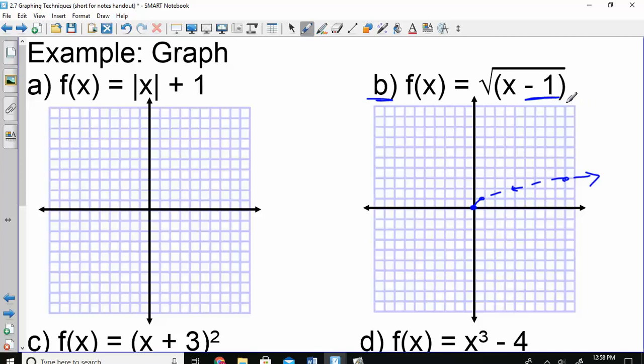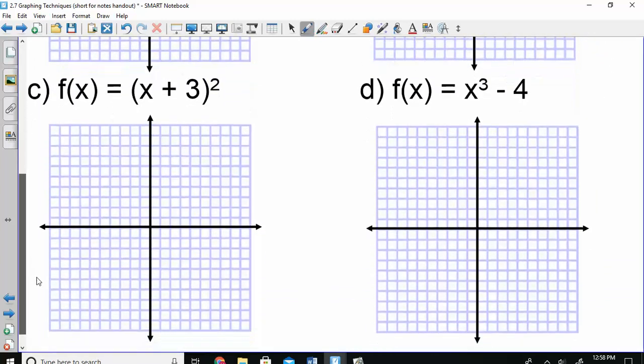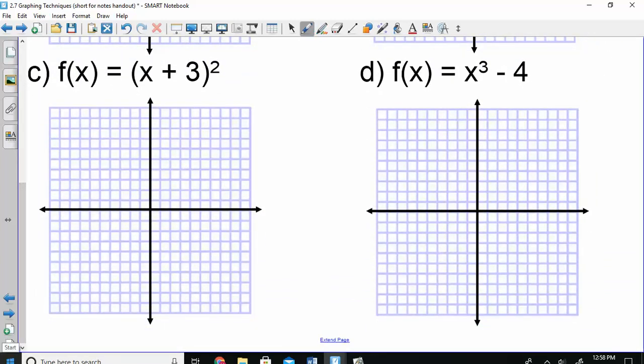It changes x and it does the opposite of what you think. So subtracting moves it in the positive direction. So it will go right 1. Each of these points gets shifted to the right 1.